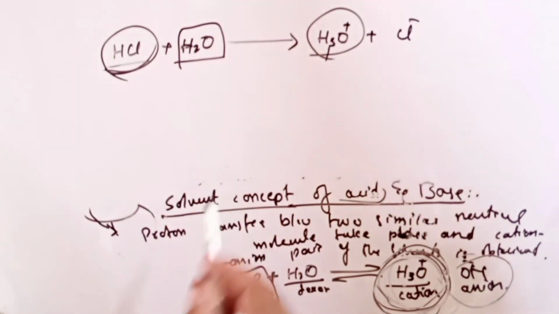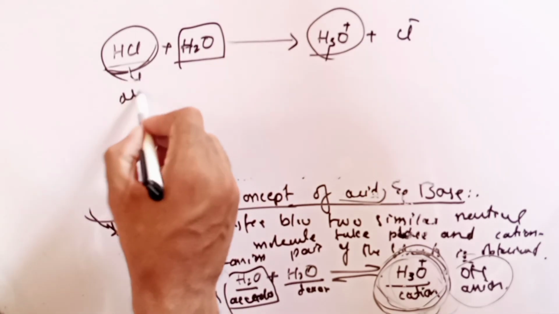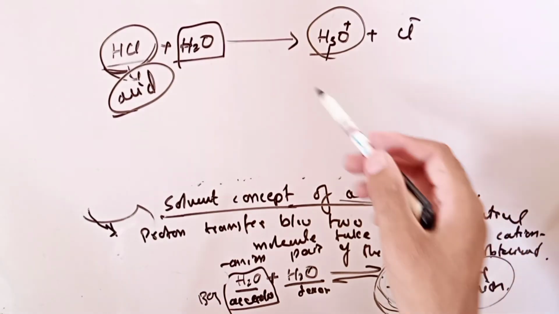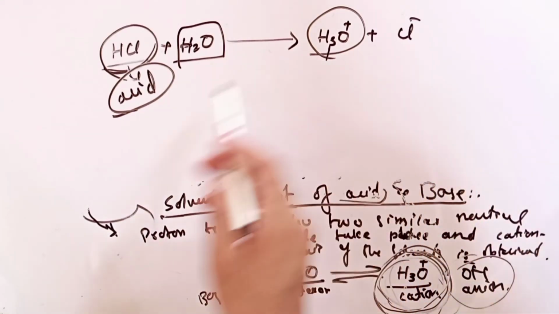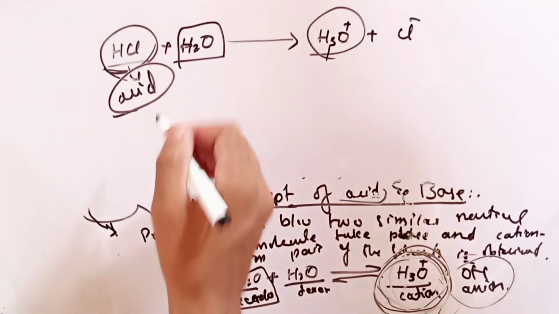So according to the solvent concept, HCl is an acid because it increases the concentration of the solvent cation produced by the autoionization of water. I hope this point is clear.